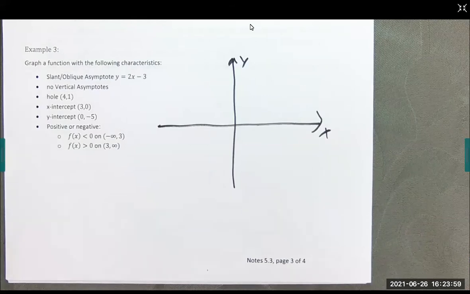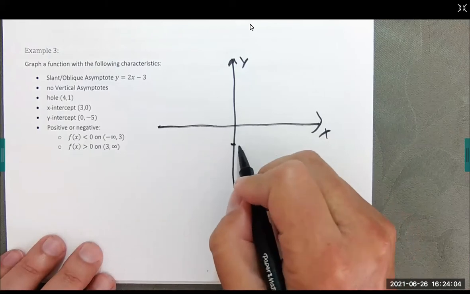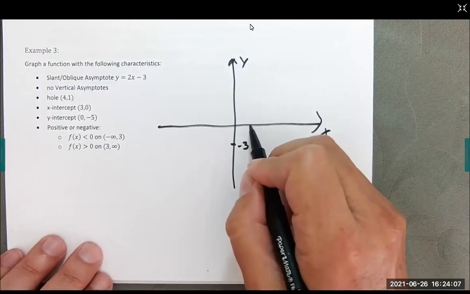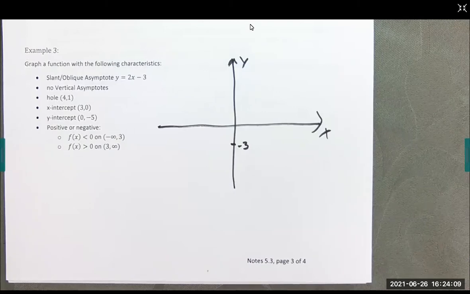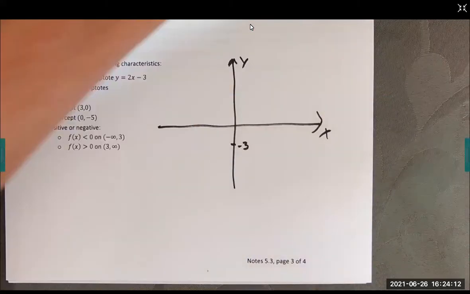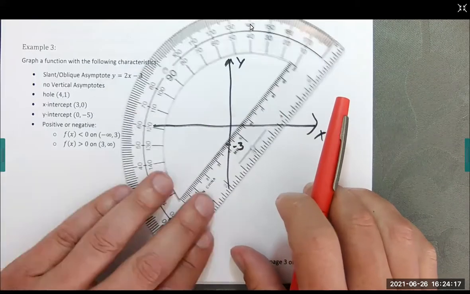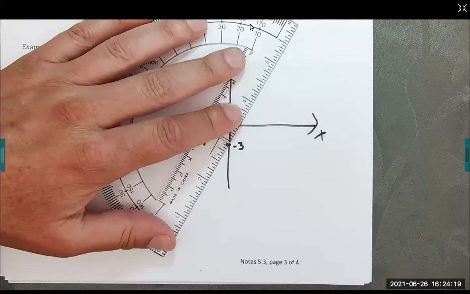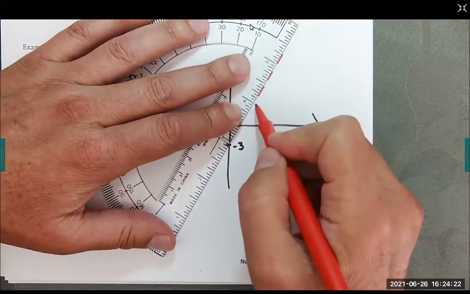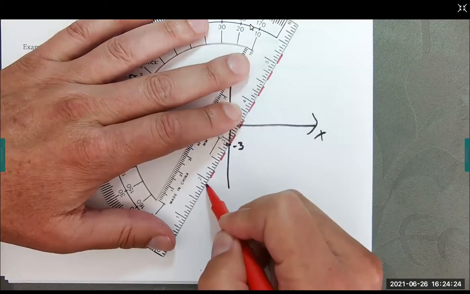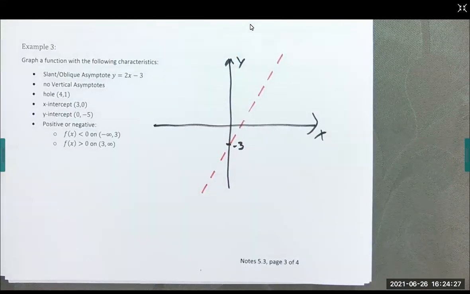All right, so we have a slant asymptote at -3 up to /1. So we have a slant asymptote about, what was it? 2, so it's a little steep. All right, we have no vertical asymptotes, okay? We have a hole at 4, 1.